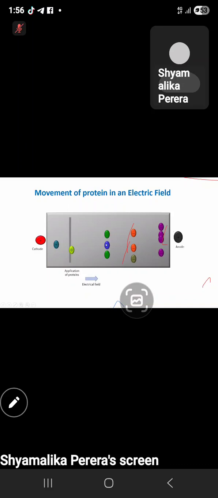Once you apply the electric field, the purple molecule, which has the most negative charge, travels very fast to the anode end, then the second level of negatively charged molecules is in between, and lastly the less negatively charged ones remain closer to the application point. That is how this electrophoresis separation takes place.